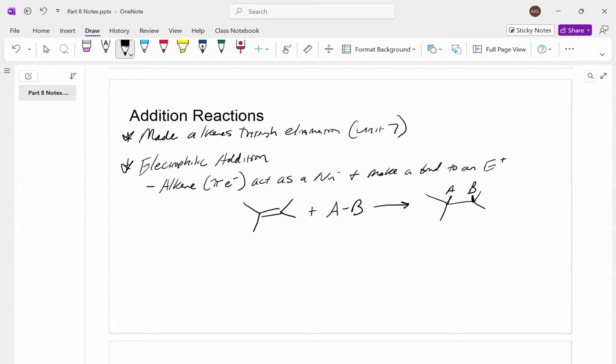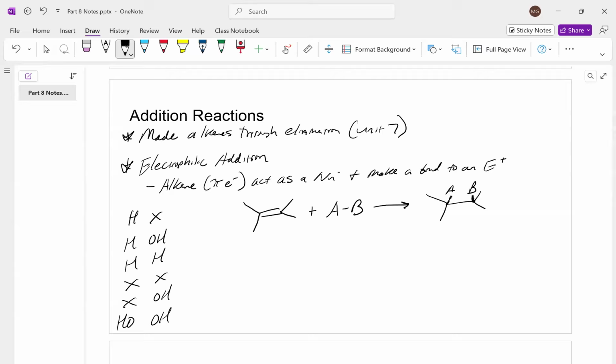There are a lot of different things that we can add across this double bond. So we're going to look at adding H and X, H and OH, H and H, X and X, X and OH to both sides. We're going to look at all of these, and they fall under the realm of electrophilic addition.